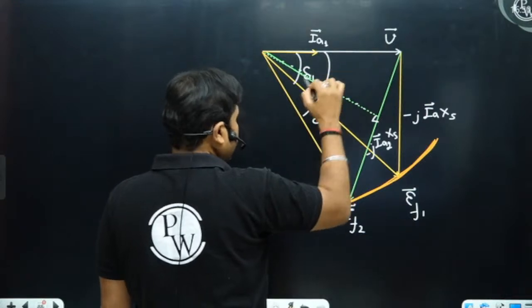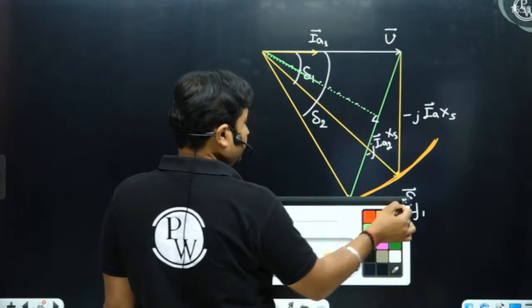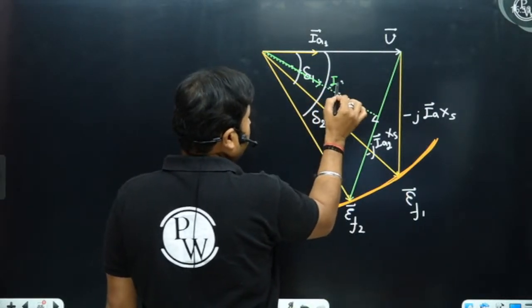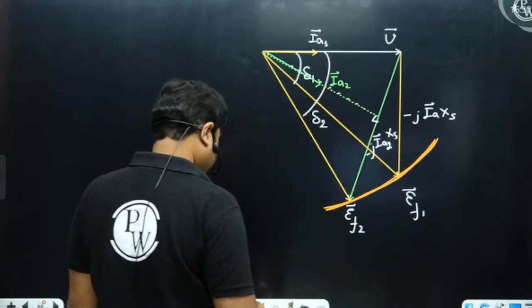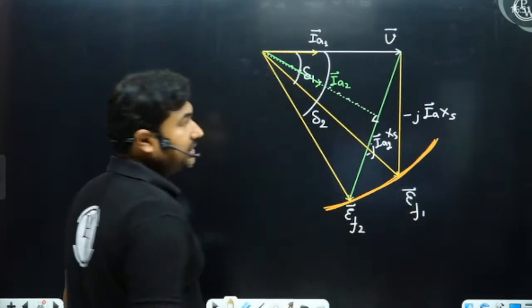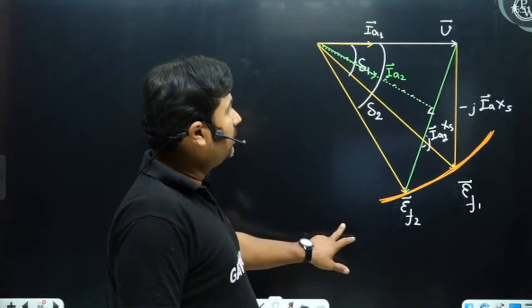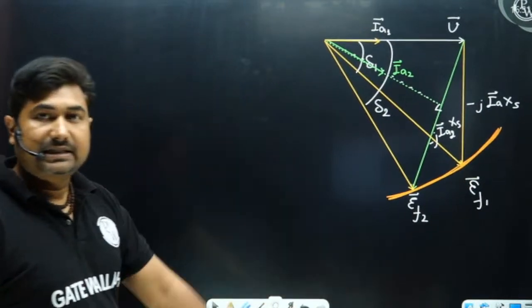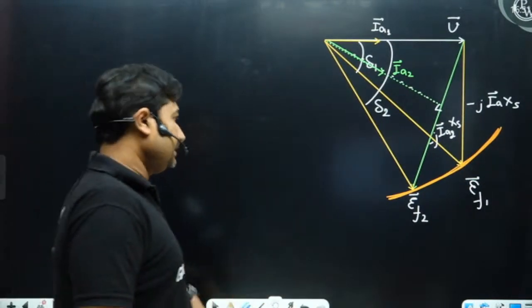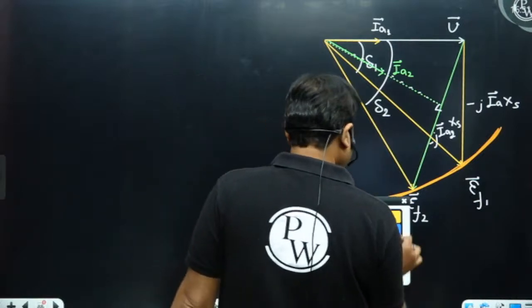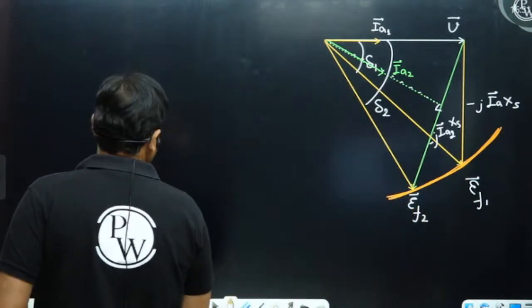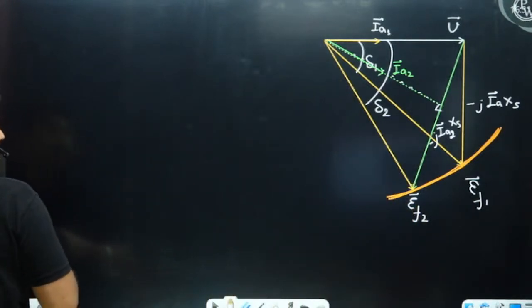New armature current will be somewhere here, so power factor is going to be lagging. Is it okay? How many of you are able to understand this part perfectly? From the phasor diagram, excitation will remain the same and megawatt is increased. Is it okay? Yes, sir.